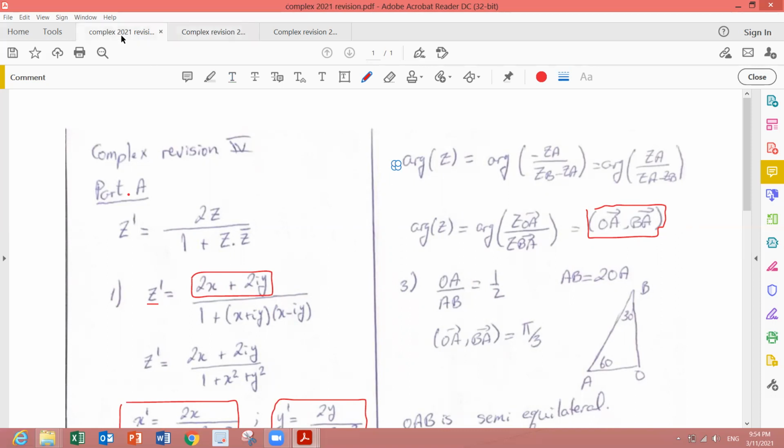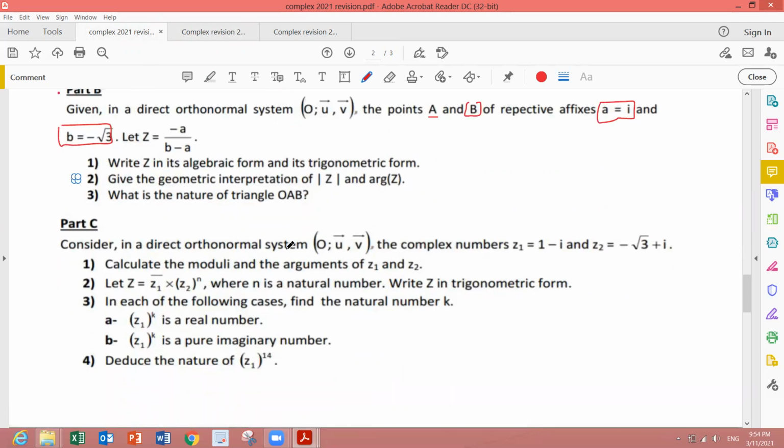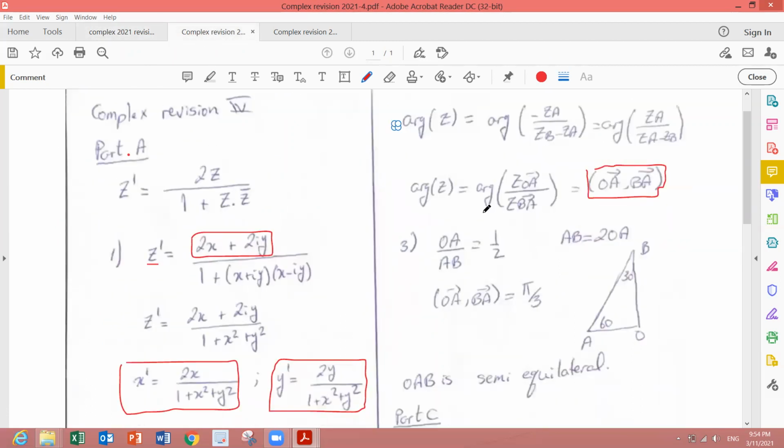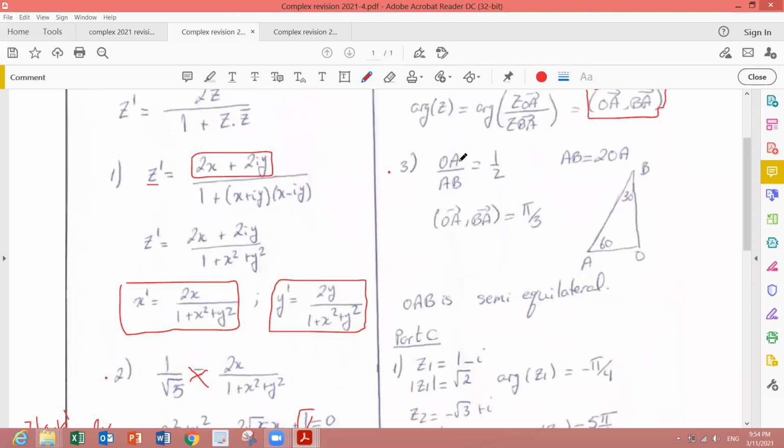Third part, what's the nature of triangle OAB? We have determined that modulus of z equals half, meaning OA over AB equals half.